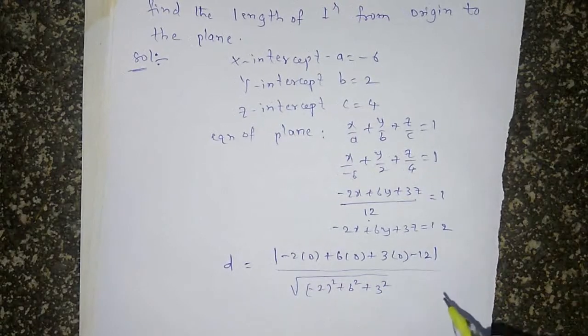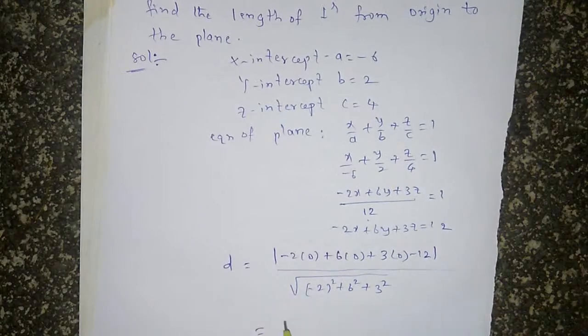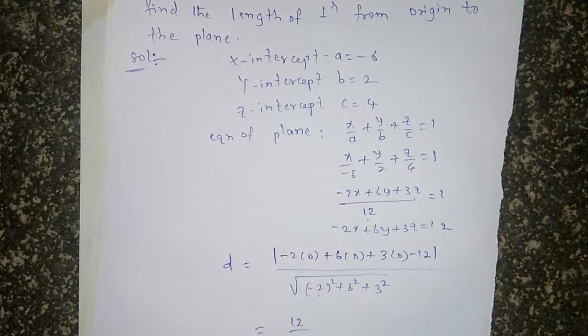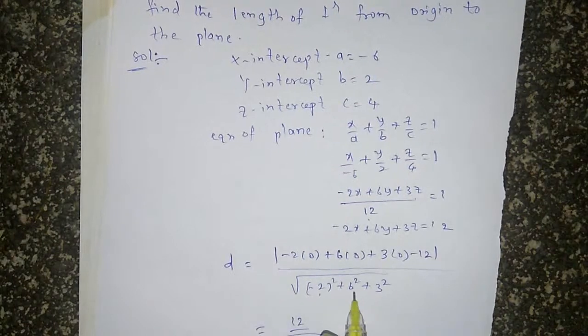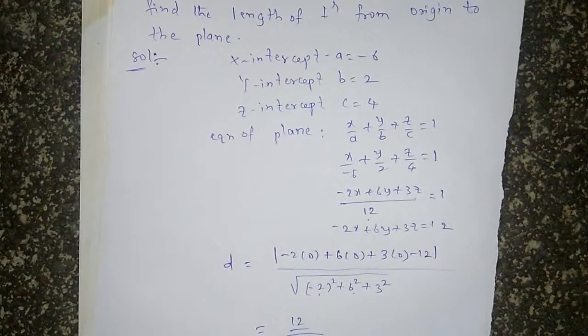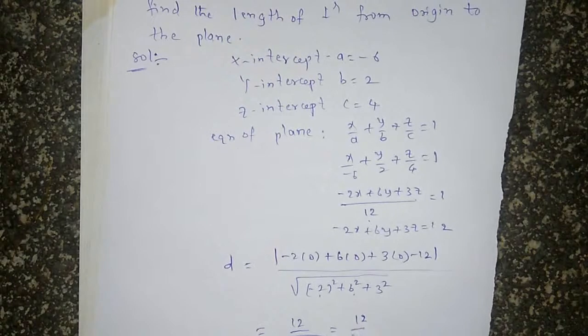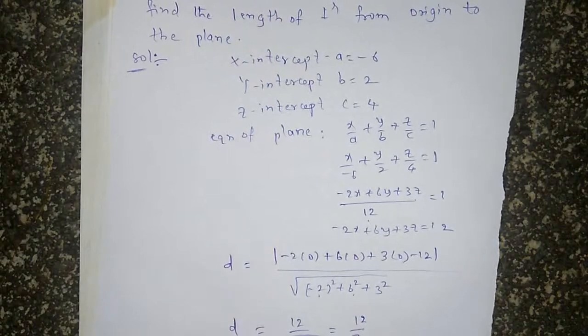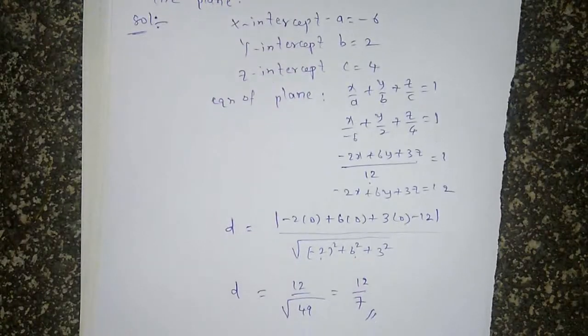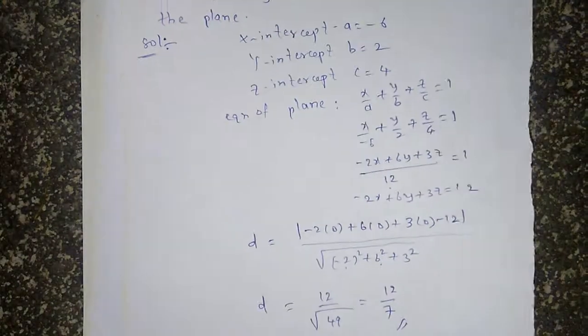This is nothing but the distance from the origin to the plane. So this is 12 by root of 4 plus 36 is 40, plus 9, that is 49. 12 by root 49 is 12 by 7. That is the distance from the origin to the plane.